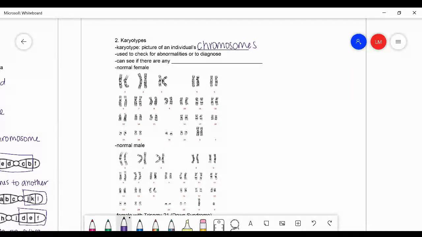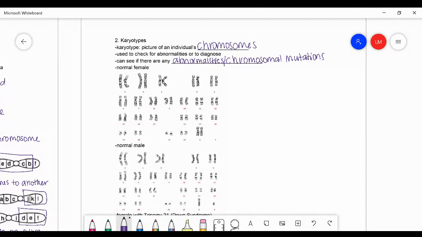And with a karyotype, we can visibly see if there are any abnormalities or chromosomal mutations. Sometimes. And here we can see what exactly these look like.